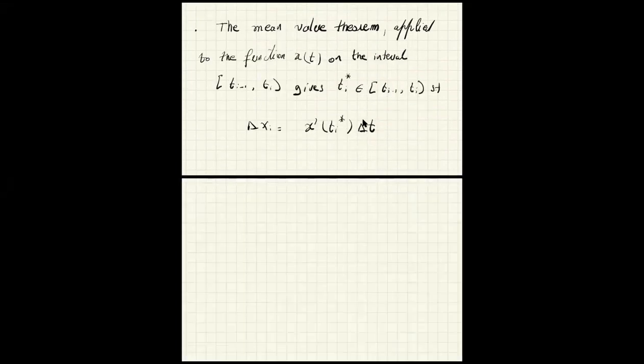Remember that theorem that says that if you have a function on the interval between t_{i-1} and t_i, and this is x_i and this is x_i, and this is some point and this is another point, and you have a function that is continuous, then there is a point here such that the tangent is exactly the same as this tangent here, which is delta x over delta t.